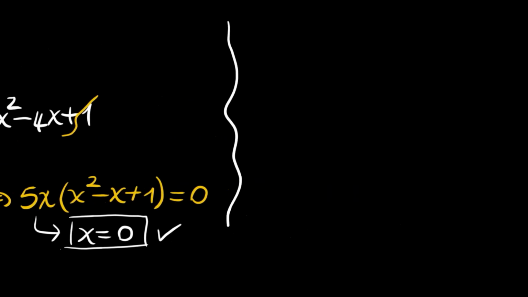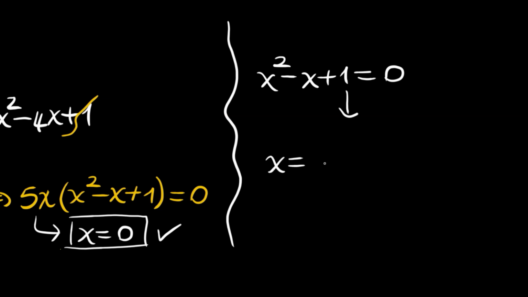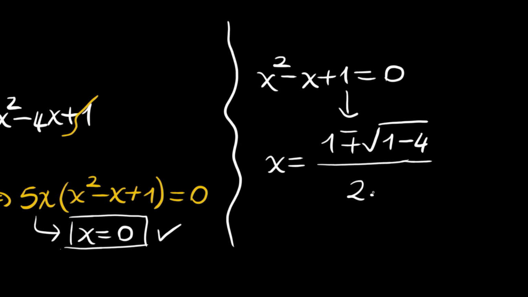x squared minus x plus 1 can be solved by the quadratic formula. That is, x is equal to negative of negative 1, which becomes plus 1, plus or minus the square root of negative 1 squared, which is 1, minus 4 times 1 times 1, which becomes minus 4, divided by 2 times 1.